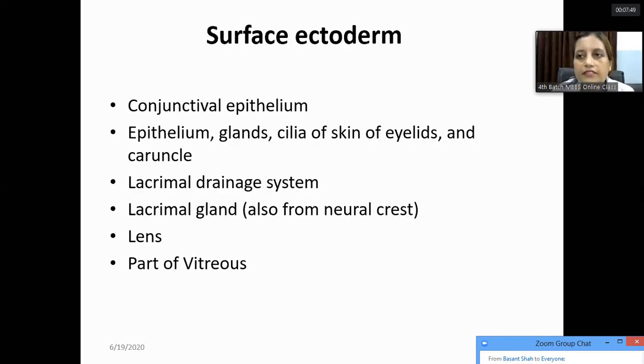From the surface ectoderm, you can remember the conjunctival epithelium, glands, cilia, skin of eyelids, caruncle, lacrimal drainage system, lacrimal gland, lens, and a part of the vitreous. These develop from surface ectoderm.